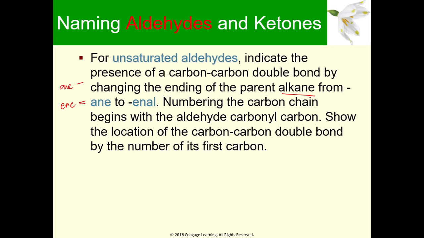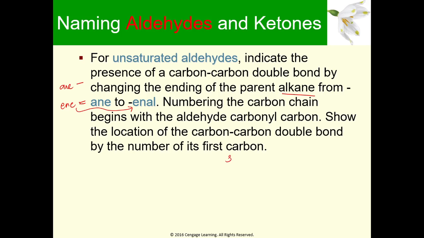So that ene will become enal. Also, the numbering of the carbon chain always begins with the aldehyde carbonyl carbon, and you show the location of the carbon-carbon double bond by the number of its first carbon.